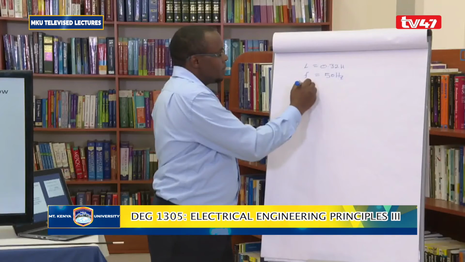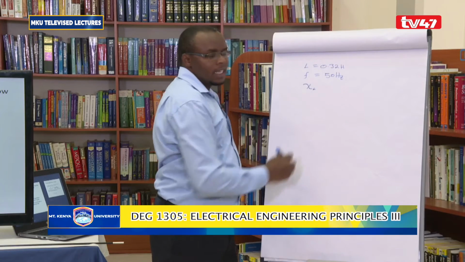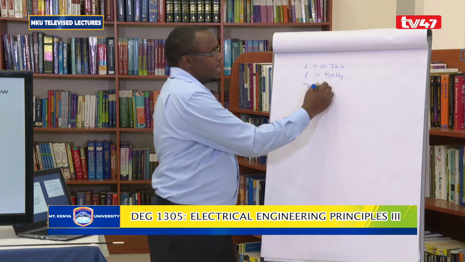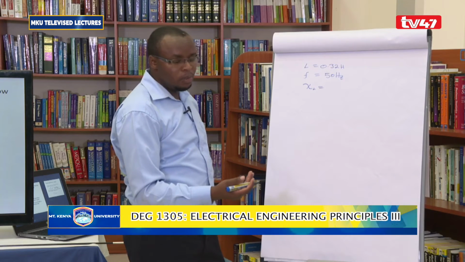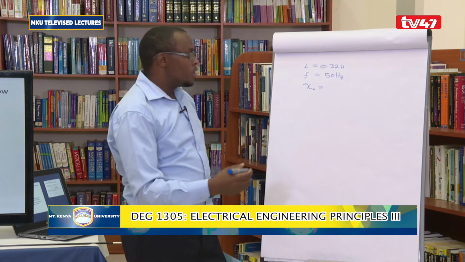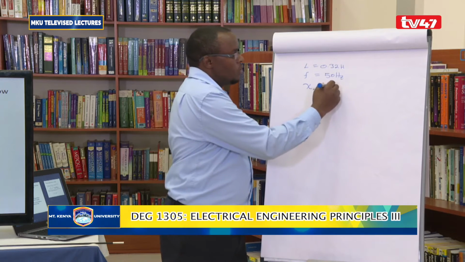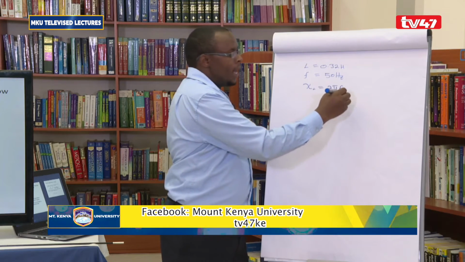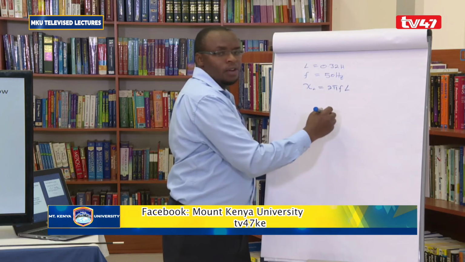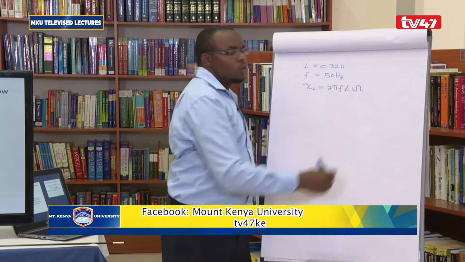Remember, we have said this is given by VL over IL, but now we have not been given V's and I's, so we use the second formula, which is 2 pi F, which is like omega, multiplied by the value of the inductance, and this is going to be in ohms.